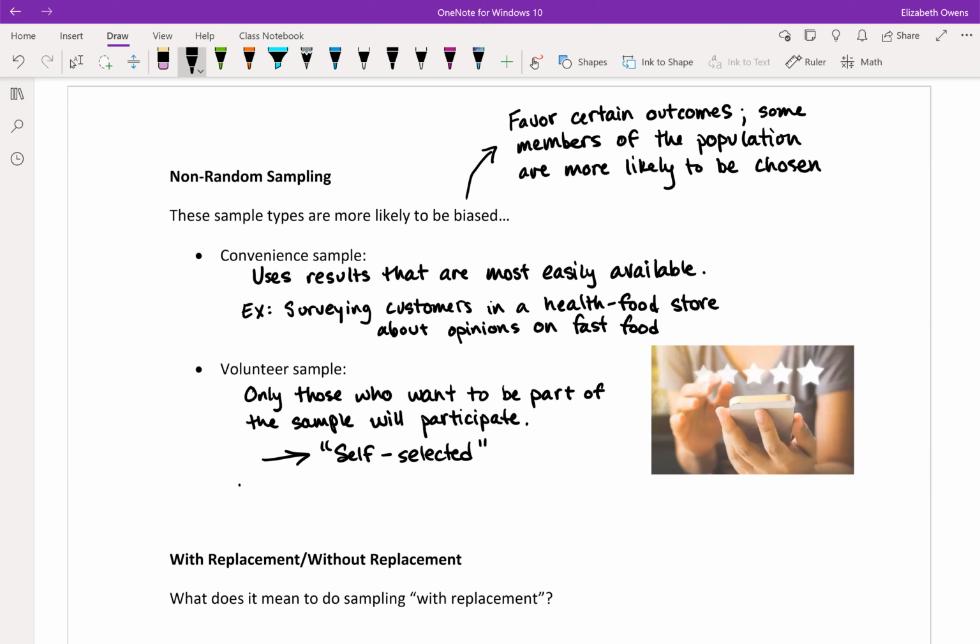And we also see these types of samples a lot. For an example, you could look at most rating sites online, anything that asks you to submit ratings. Things like Yelp reviews or Google reviews.